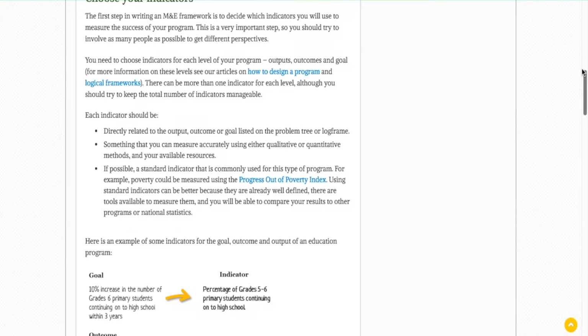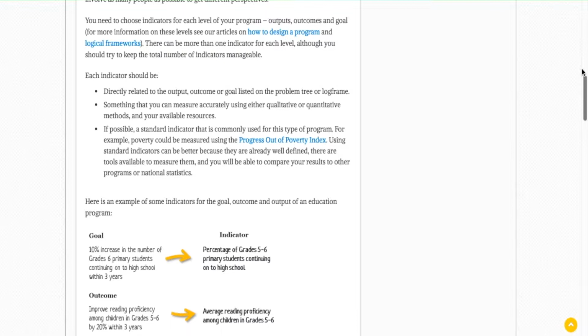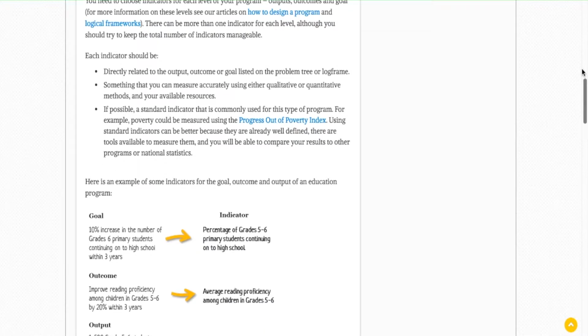Suppose, for example, this example they have given is for a program where the output is on education. So we'll see how they have worked, and in this you see the goals and the indicators.